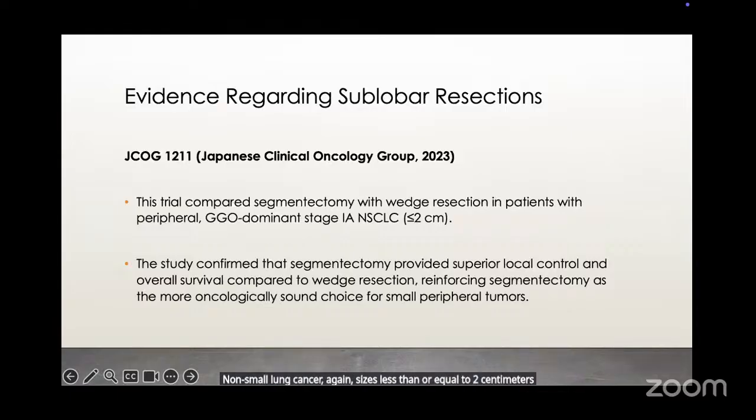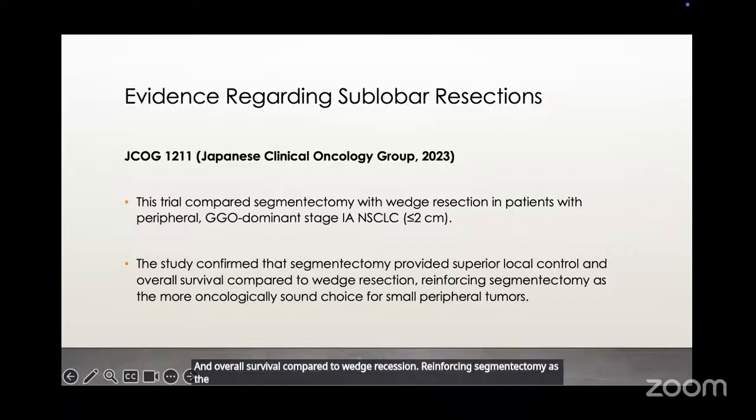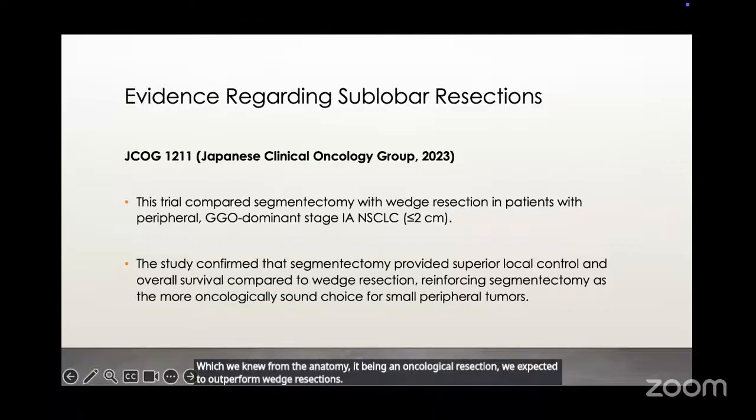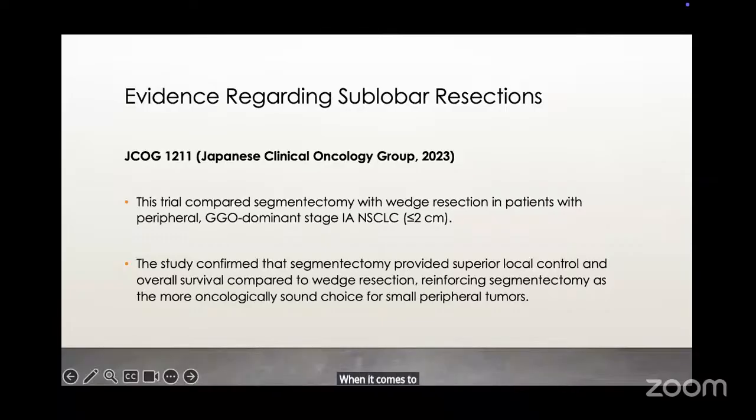What the study confirmed was that segmentectomy provided superior local control and overall survival compared to wedge resection, reinforcing segmentectomy as the more oncologically sound choice for small peripheral tumors, which we knew from the anatomy, it being an oncological resection, we expected to outperform wedge resections when it comes to disease-free survival in patients and decrease the level of local regional recurrence.